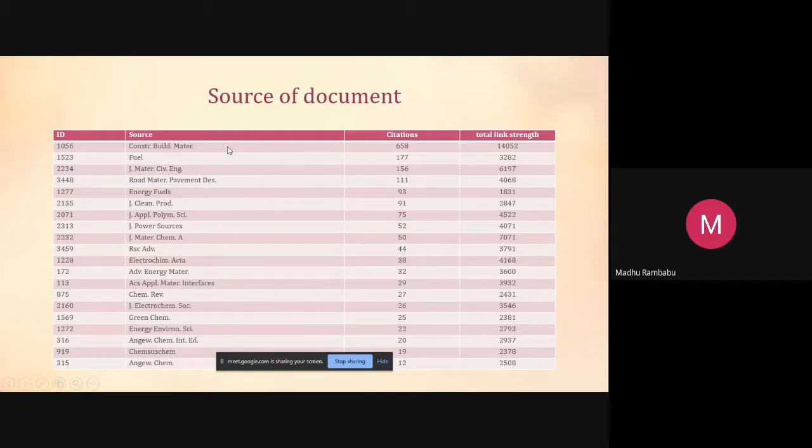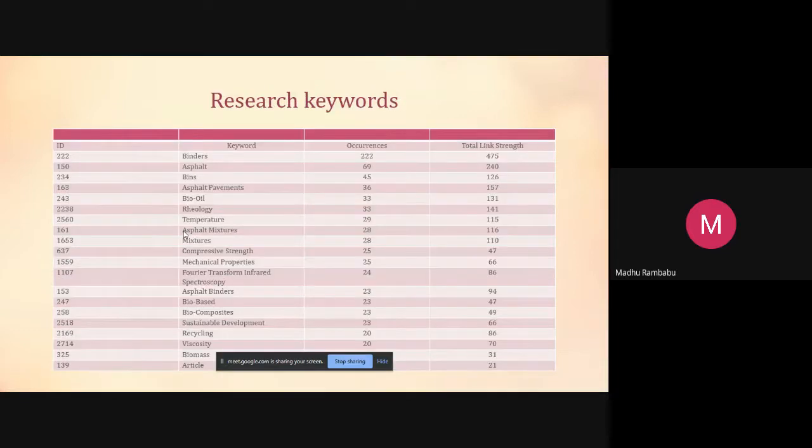The most cited paper has source Construction and Building Materials, followed by Fuel, and it has a huge link strength. The keyword occurring most times is binder, usually because for biobitumen the word binder is used, followed by asphalt, bins, asphalt pavements, bio-oil, rheology, temperature, and so on.